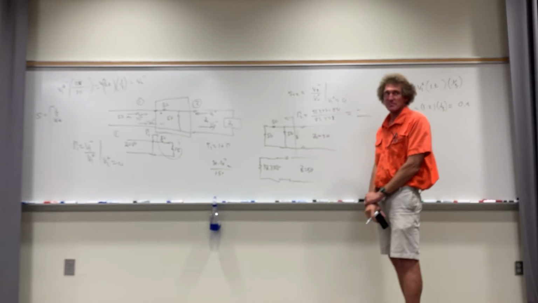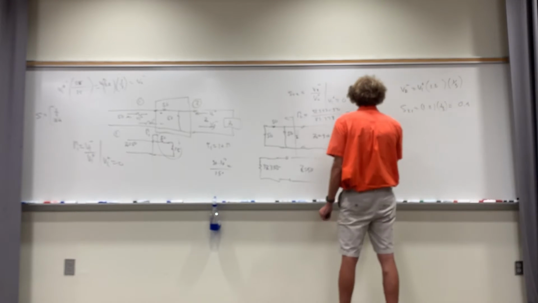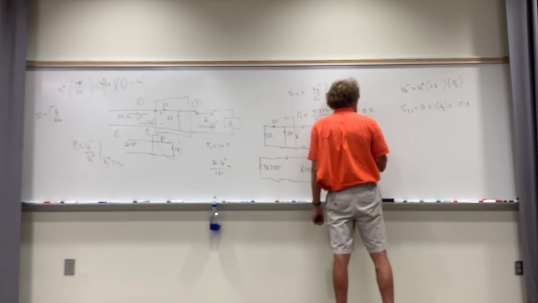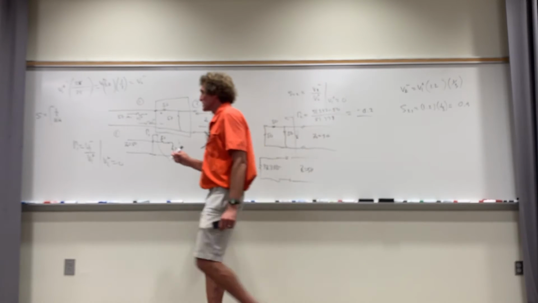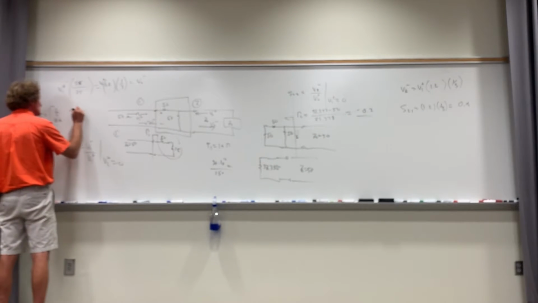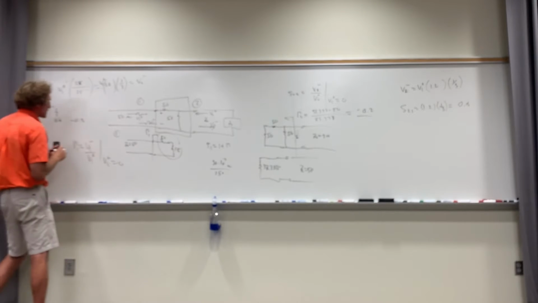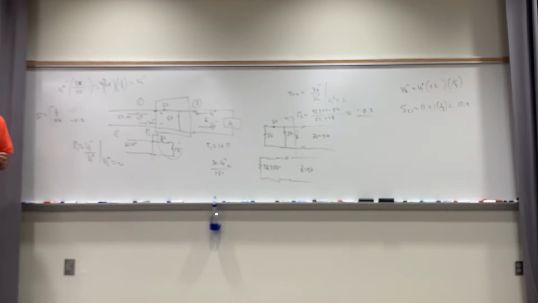What is it? Minus 0.2. Again, minus 0.2, surprise. So this one is minus 0.2. Oh, sorry, not that one, this one. Right there, because that's the reflection coefficient.